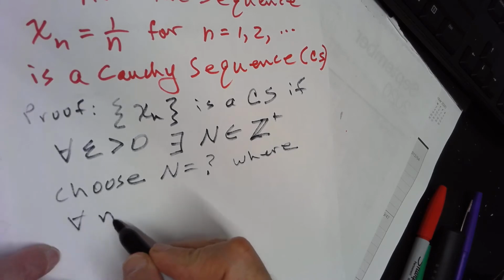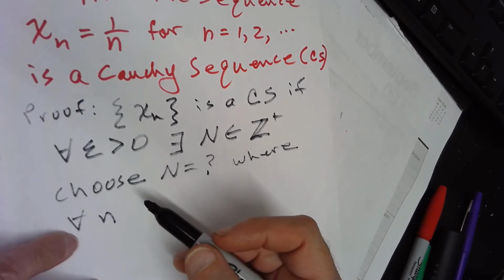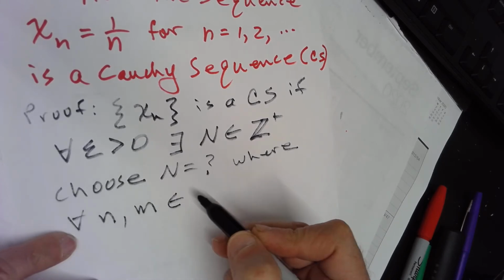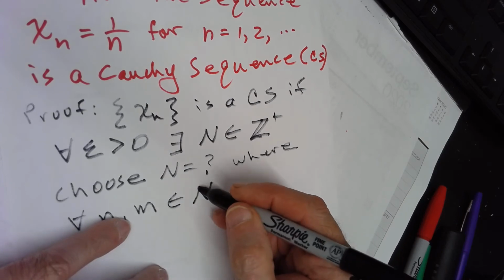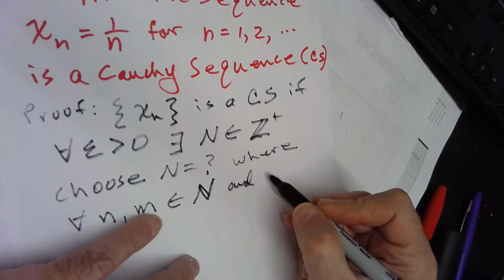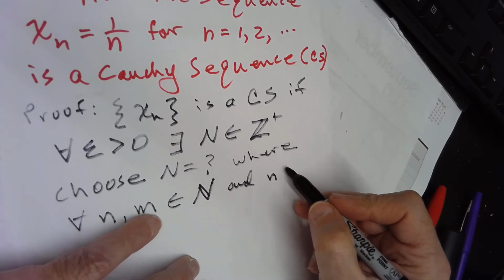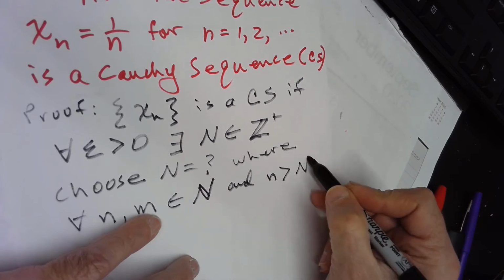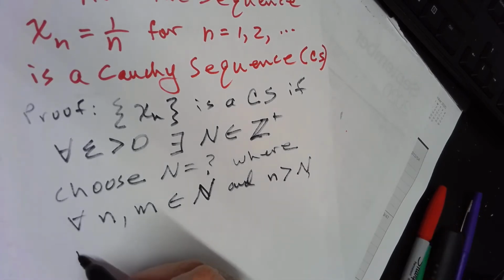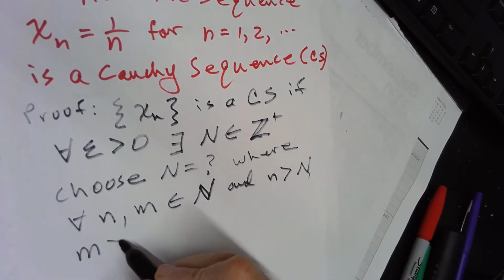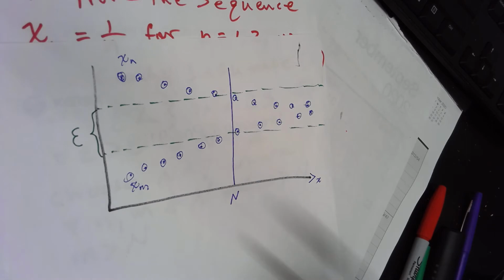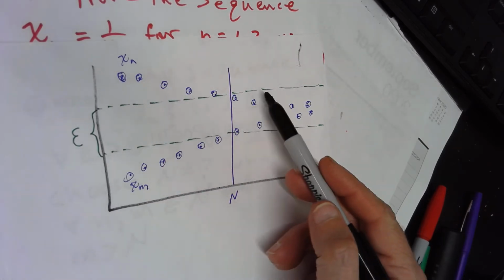For all n and m in our sequence, which are elements of the natural numbers or counting numbers, n is greater than our uppercase N, what we set our limit, and also m is greater than N. So here we're saying that x sub n is beyond this limit.